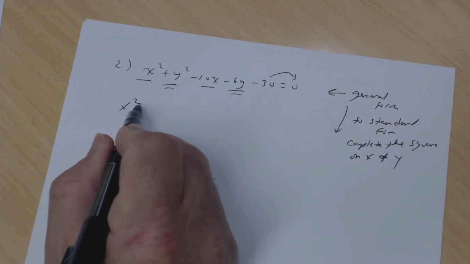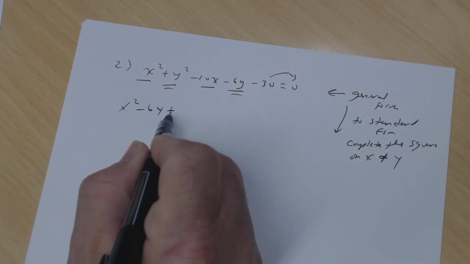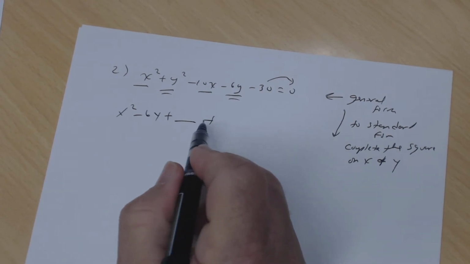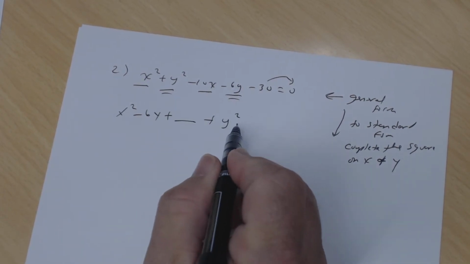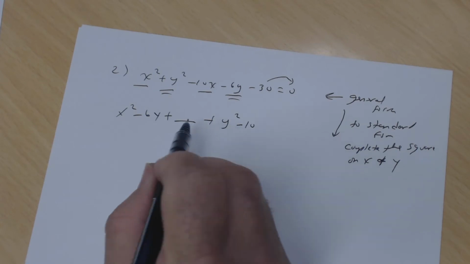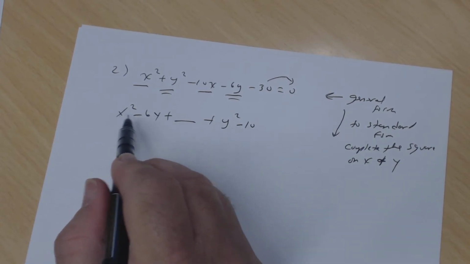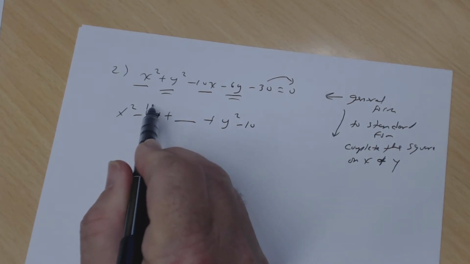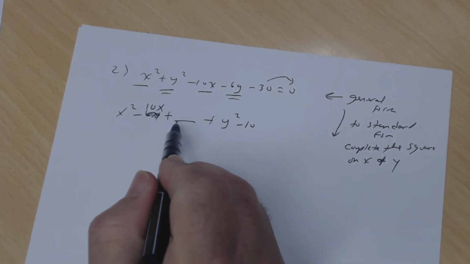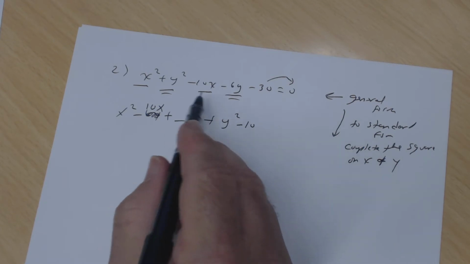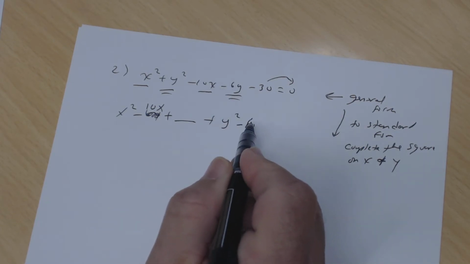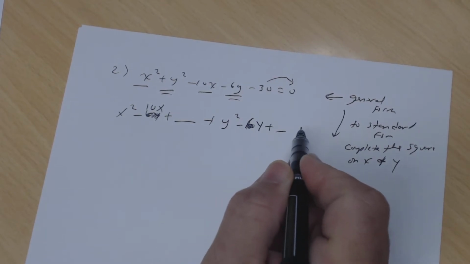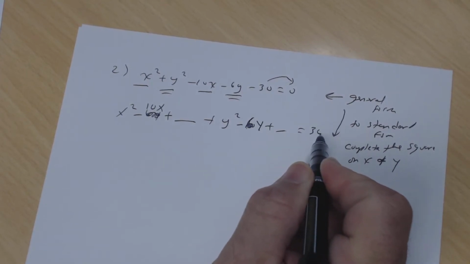So I'm going to get x squared minus 10x plus some number, and then plus y squared minus 6y plus some number, equals 30.